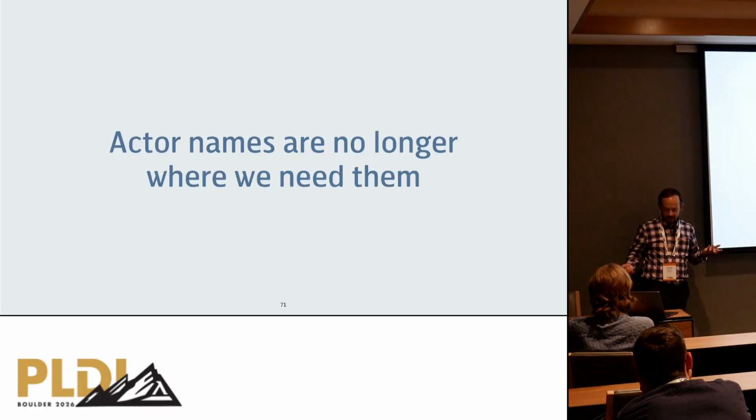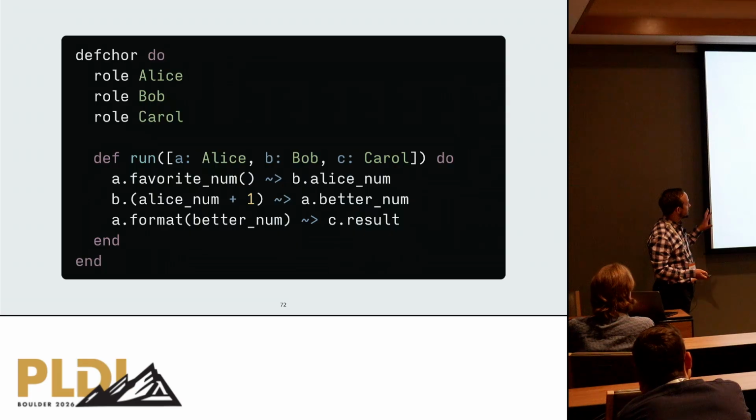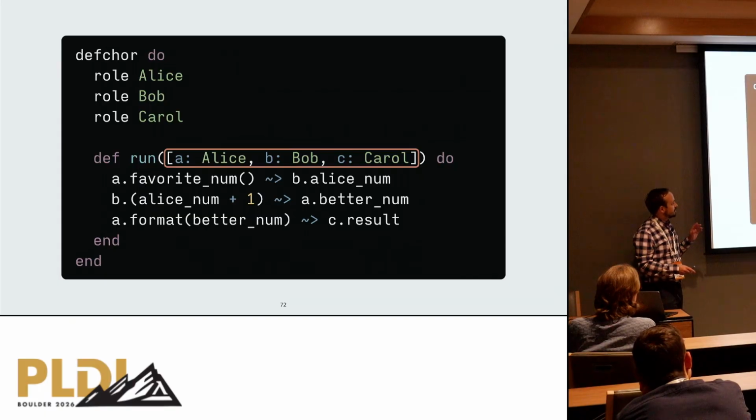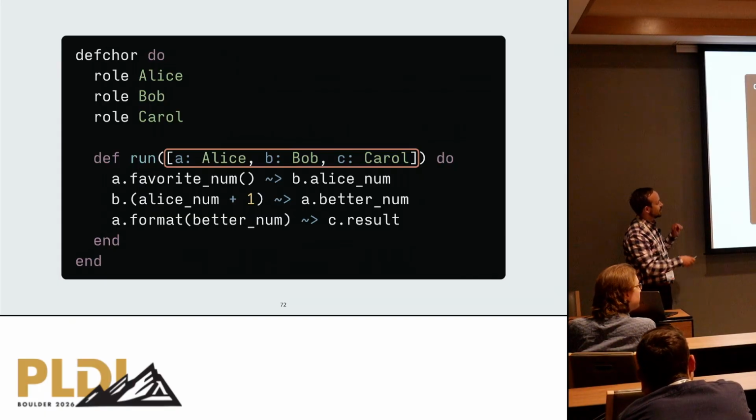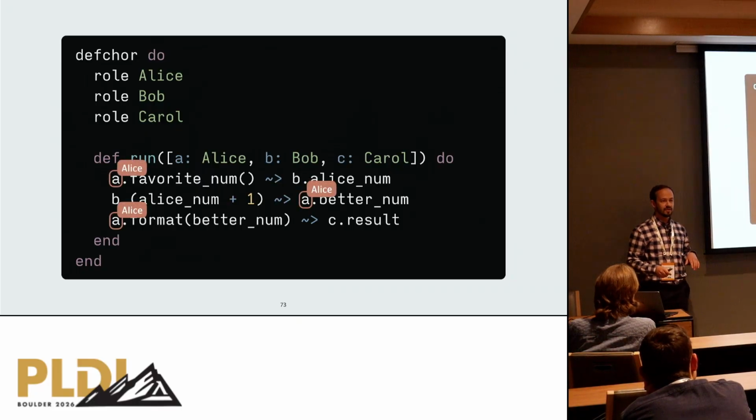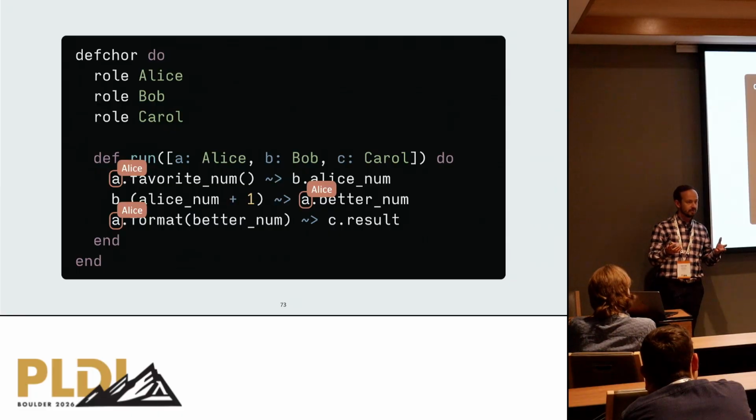The actor names aren't where we need them anymore to do projection, so we use this signature right here and perform something kind of like a type check to propagate that A refers to a process named Alice.